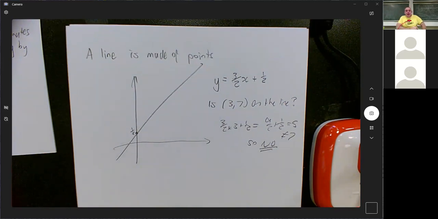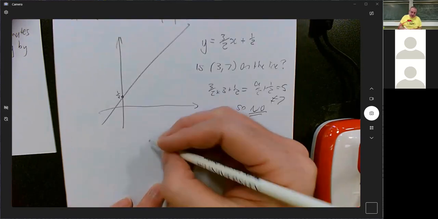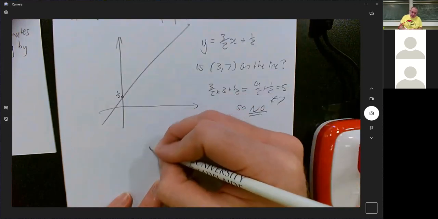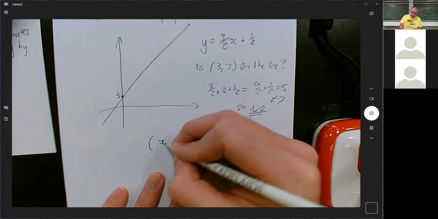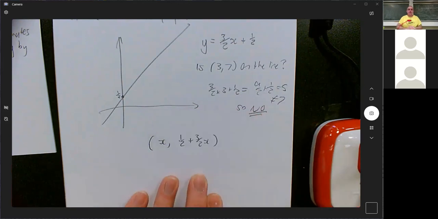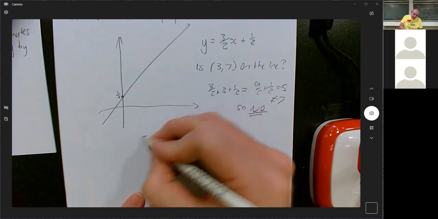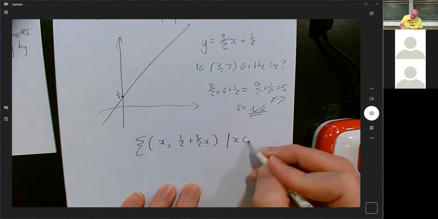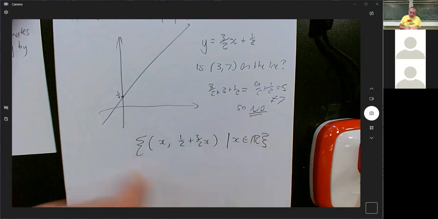But there is another way to tell someone about a line, and that is to tell them what every point on the line is. So I could say that every point on the line is like that. That is the set of all of these things: the set of points with coordinates (x, a half plus 3 on 2x), such that x is in R. Have you seen this notation before?